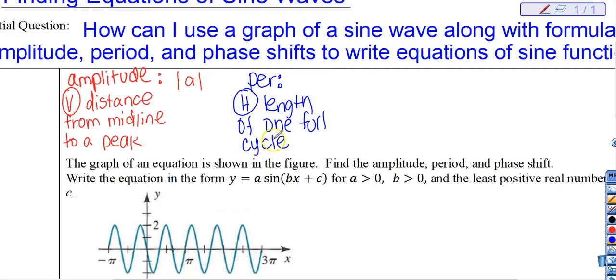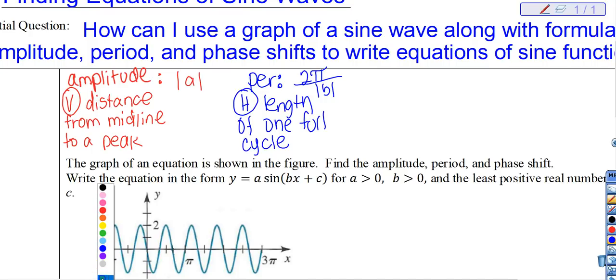It's a periodic function. So over one period, you'll see a full sine wave or you'll see a full cosine wave, and then the pattern just repeats. So period, how do we find that? What's our formula? 2 pi over the absolute value of B. Okay, so there's our definition and our formula.